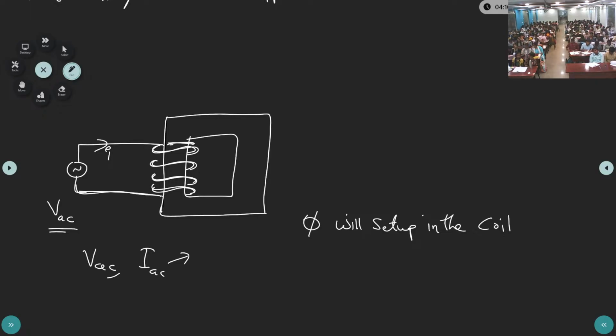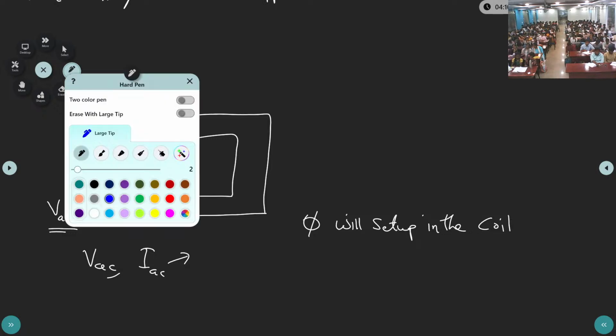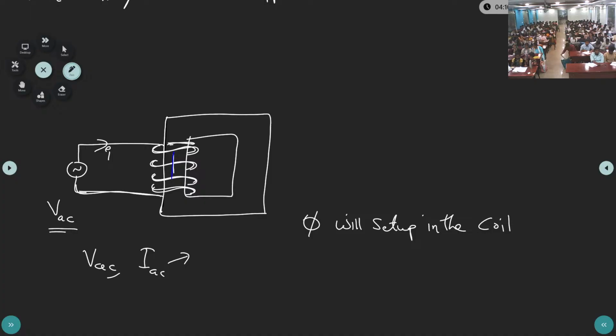Coil is nothing but this winding. Because the circuit is closed, I am applying an AC voltage and AC current is flowing through the winding, a flux is set up in the coil. So in the core, flux will be developed, which will move upward.